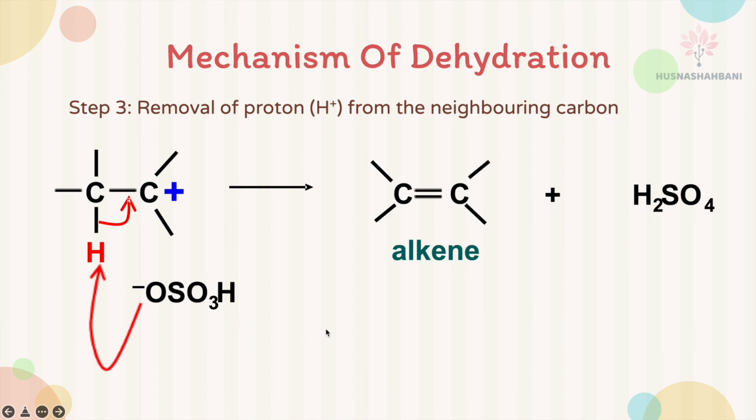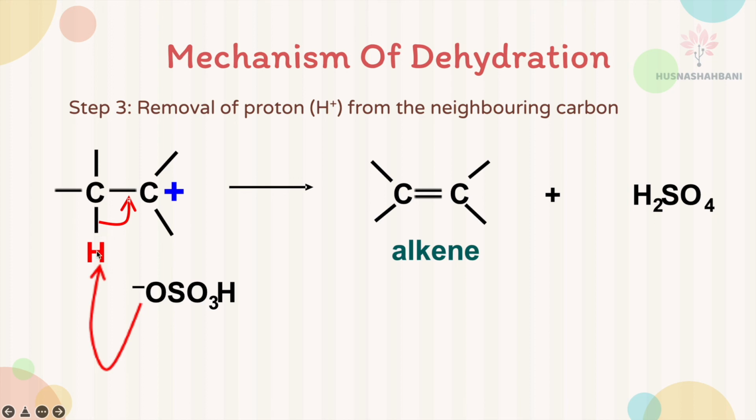The third step is removal of proton from the neighboring carbon. Since this is a carbocation, here we have HSO4 minus, which is a nucleophile rich in electrons. This nucleophile will attack a hydrogen, but not the hydrogen attached to the carbocation carbon.